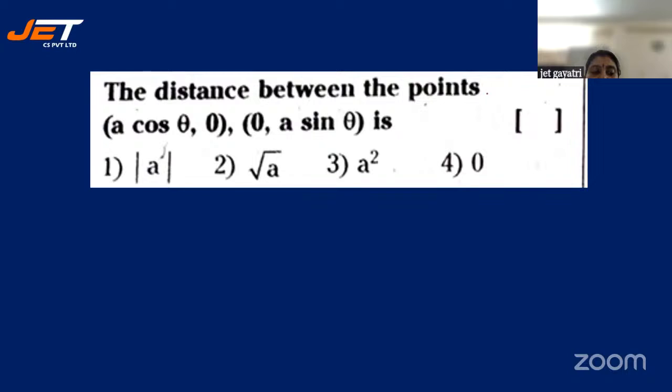The distance between the points a cos theta, comma 0, 0, comma a sin theta is dash. Okay. Yes. Shama says it is A. Lokesh says it is option 4. Let's see the answer. It is option 1. That is A, modulus of A. Option 1, correct. Use the distance formula and you can simplify.